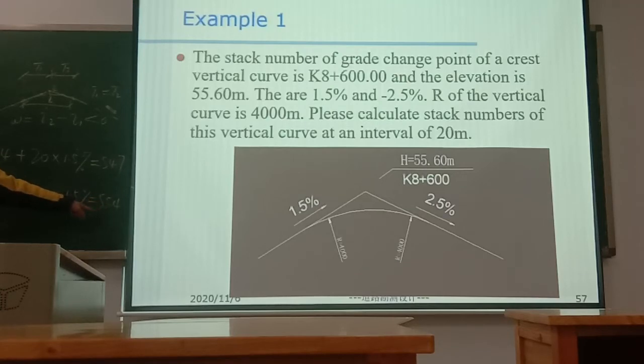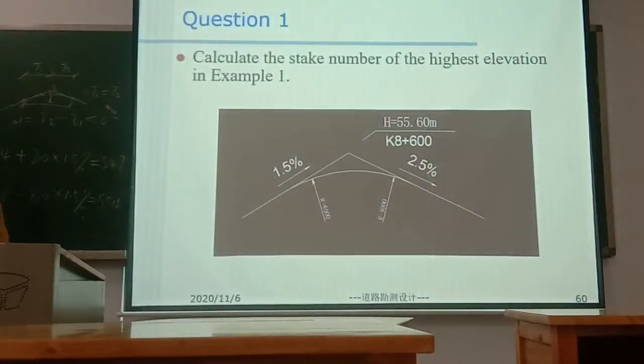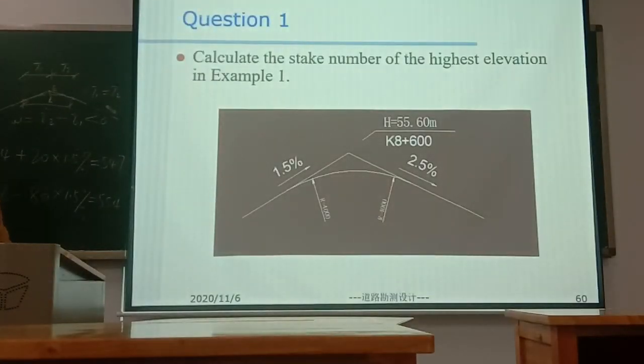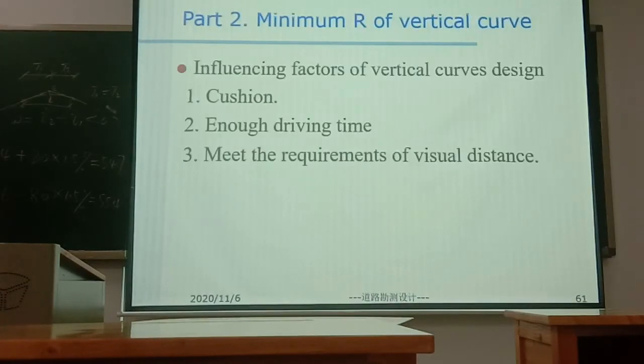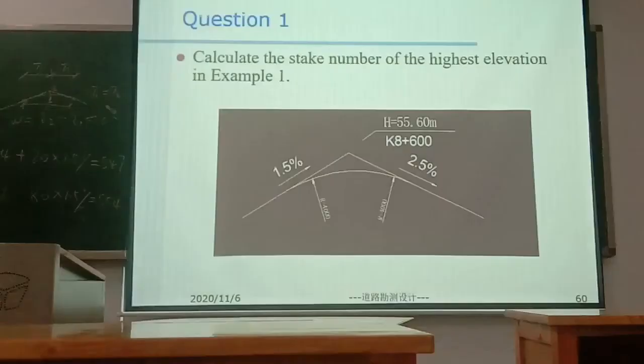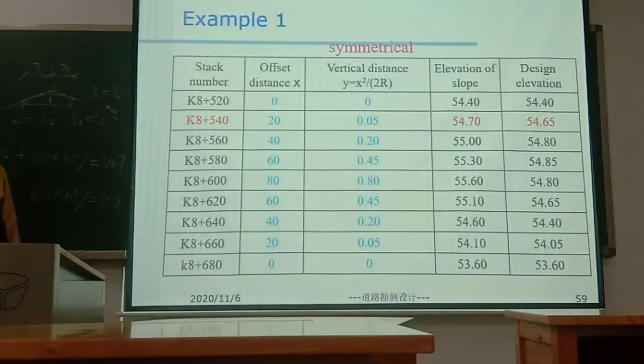So we can get H minus L times the slope I1, where this is T. T1 is equal to T2. So now we can get this one.